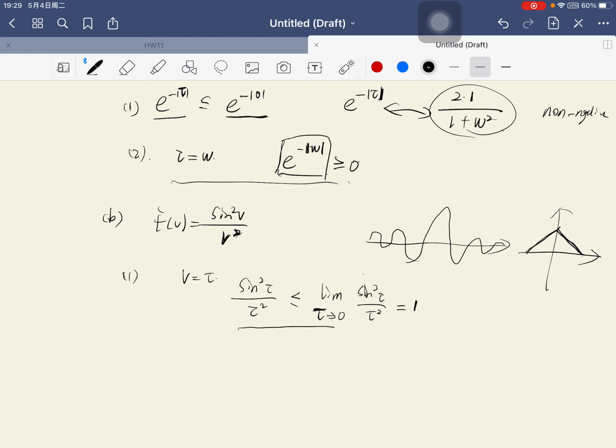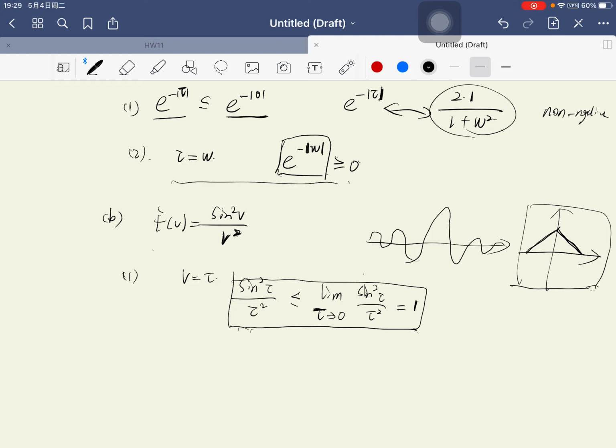So it is obvious, and the Fourier transform of it is obviously bigger than or equal to 0, so it is non-negative.